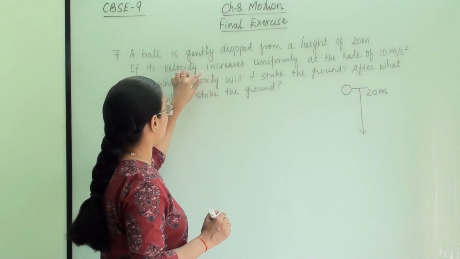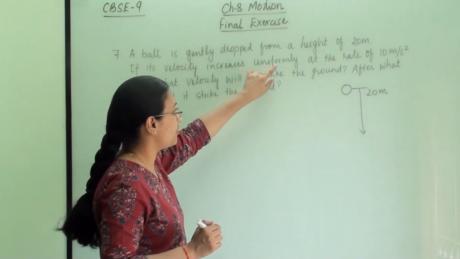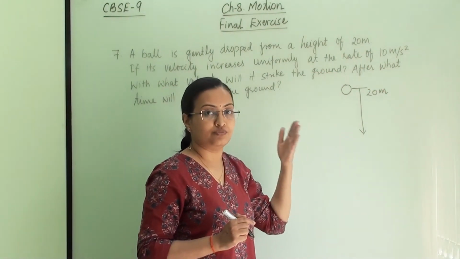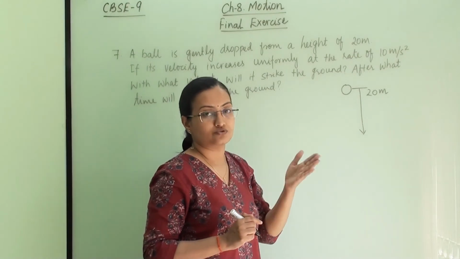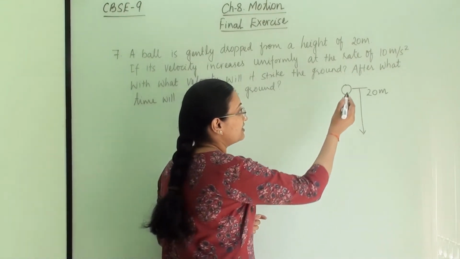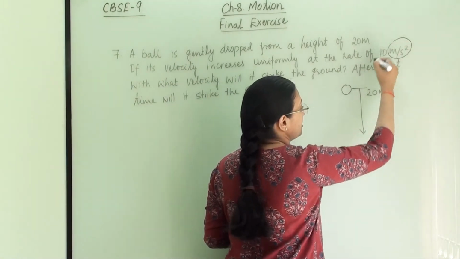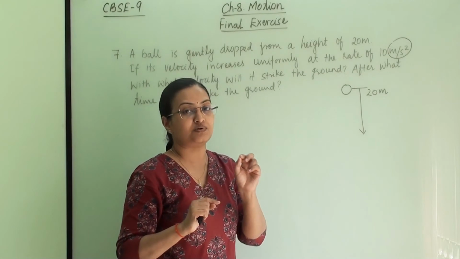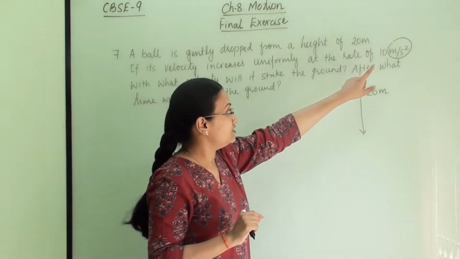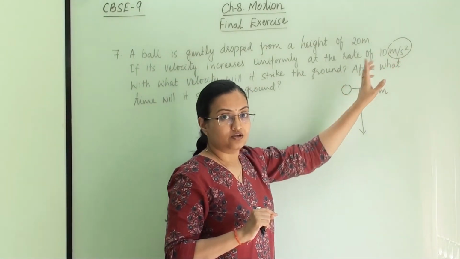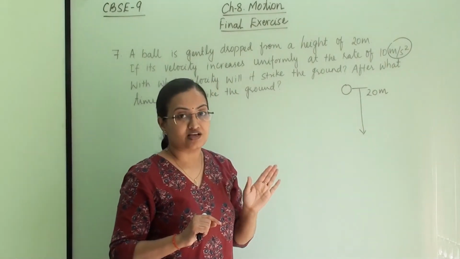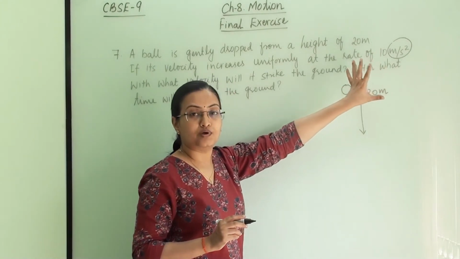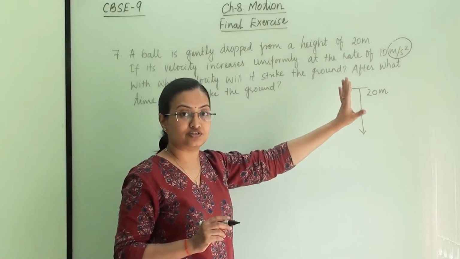Here they have said velocity increases uniformly at the rate of 10 meters per second square, so this is acceleration because velocity is increasing. Second, you can check from the unit. Velocity's unit is meter per second, and here the unit is meter per second square. So this unit belongs to acceleration.